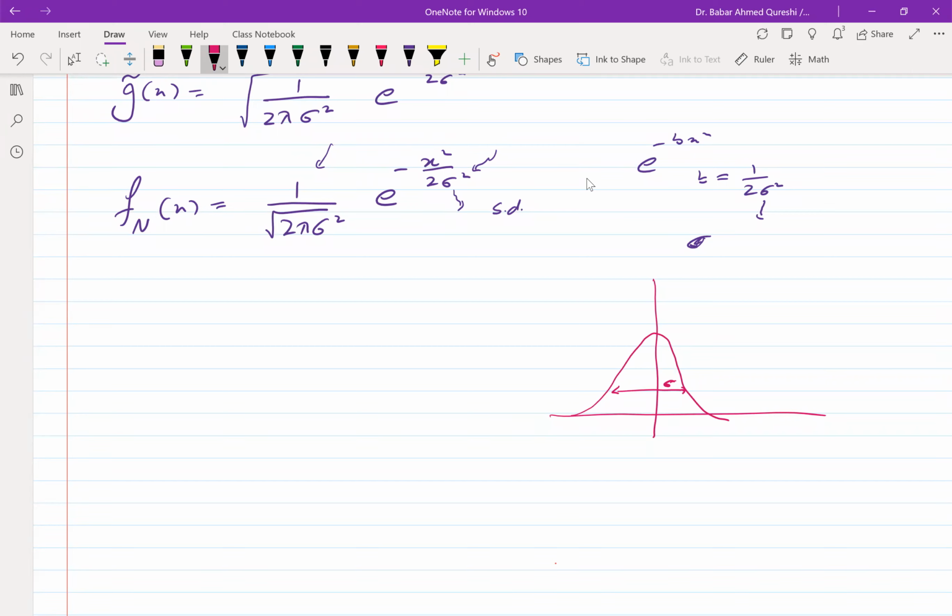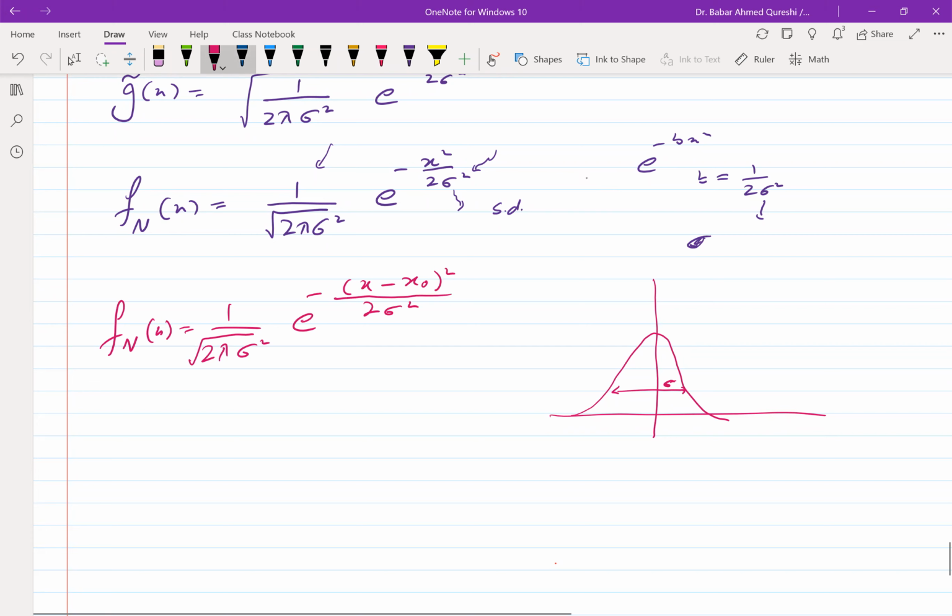Now, I can change it slightly. If I just shift the x by a number, that would mean that this whole graph is shifted.